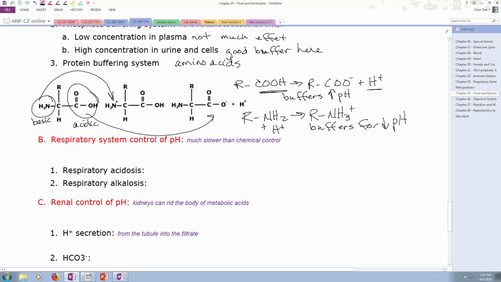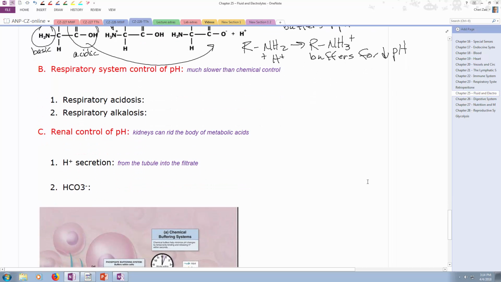So that's what we have in our bloodstream, and like a buffer in any sort of chemical reaction, you put it in solution and then you can drip, drip, drip your acid in, and it won't change the pH much because of the presence of the buffer, for example. So these are our chemicals in our bloodstream, and therefore also in the interstitial fluid, that are going to help to minimize pH changes.